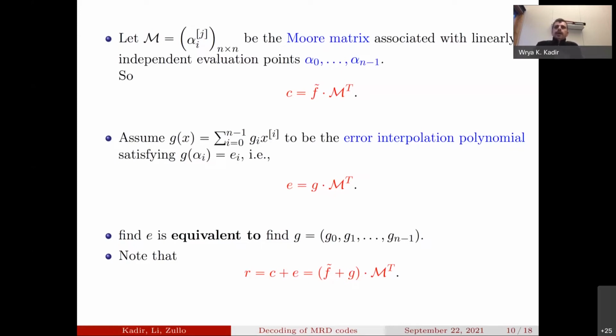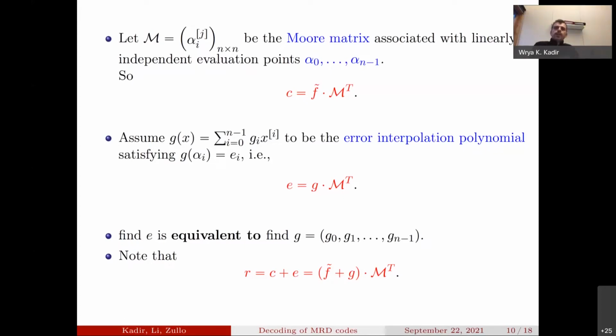Then, having e and c, we can generate the received word. So R would be C plus E, which is F tilde plus g multiplied by M transpose. But here, in this decoding algorithm, instead of looking for the error vector E, we first find the coefficients of the error interpolation polynomial. So these two are equivalent.